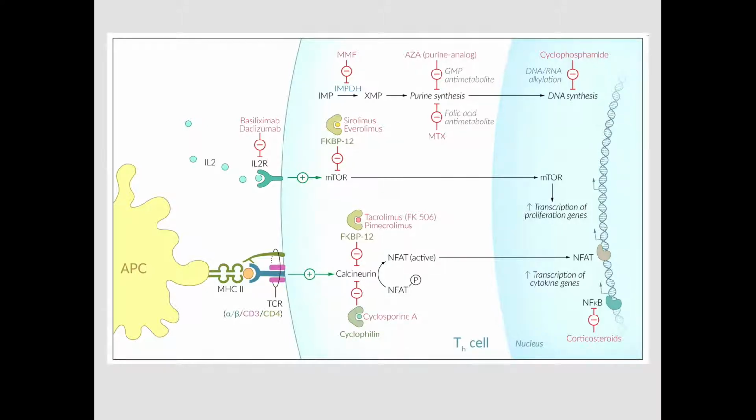And also we do have specifically nucleotide or DNA synthesis inhibitors, like up there you can see mycophenolate, which inhibits inosine monophosphate dehydrogenase. From biochemistry you may remember this enzyme.